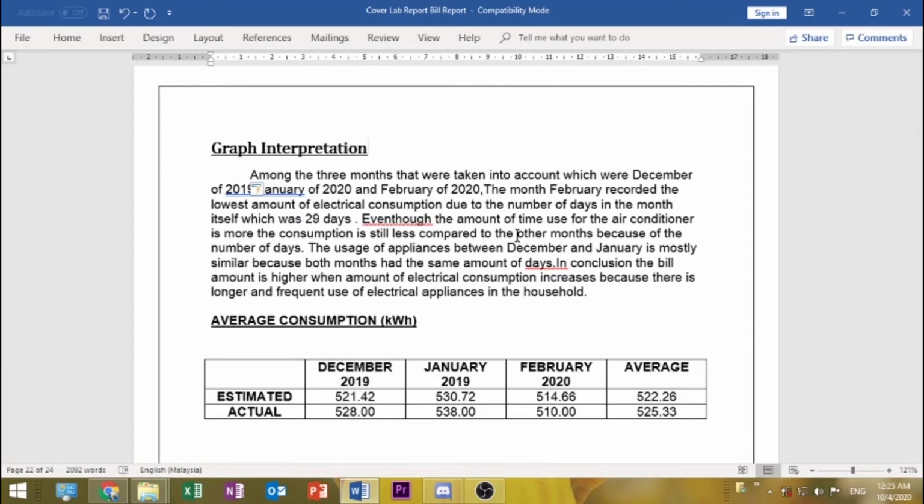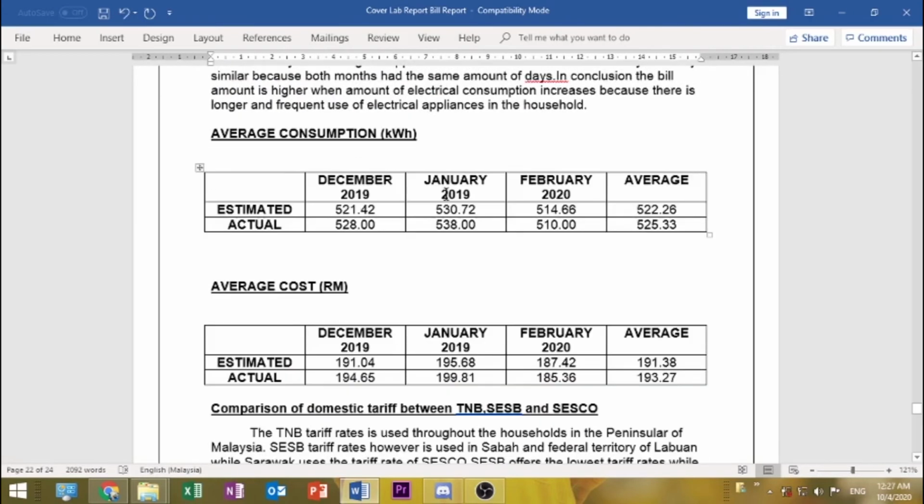So in conclusion, the bill amount is higher when the amount of electrical consumption increases because there is longer and frequent use of electrical appliances in the household. So as you can see, the average consumption, what I did was I took the 3 amounts of estimated calculations that I made and divided it by 3, and I did the same for the actual average consumption.